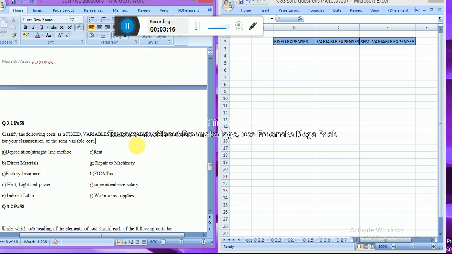So depreciation by straight line method is a fixed cost. Why? Because in the straight line method assets are depreciated at a fixed amount till their estimated life.